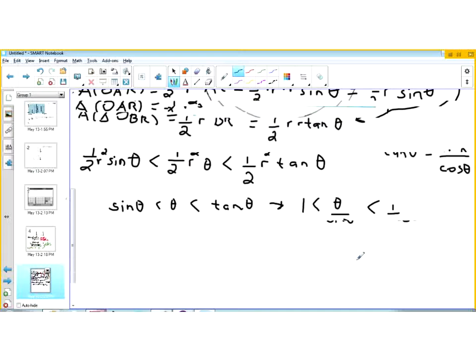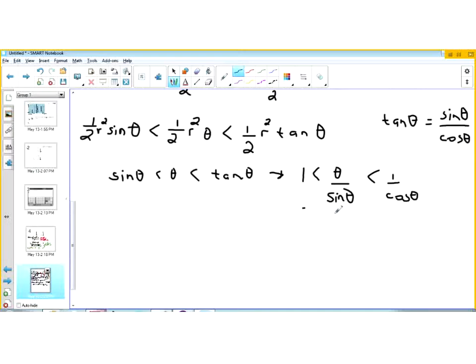All right, so the next thing I'm going to do is take the reciprocals of each term in the inequality. Because of the ordering of this inequality, the terms grow larger as we move to the right. If I take the reciprocals of each of the terms, I'll have to flip the direction of the inequality.